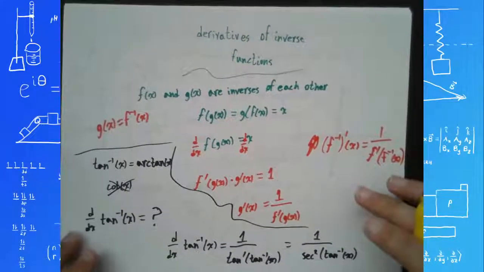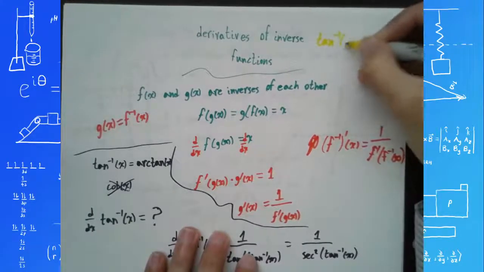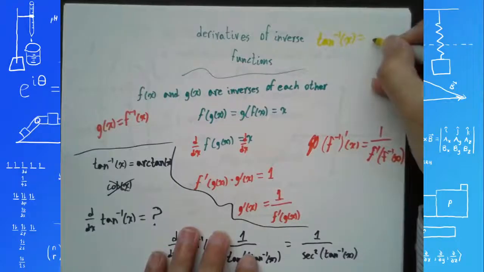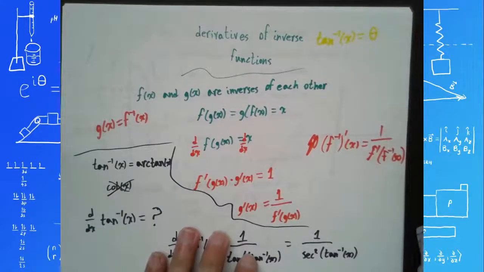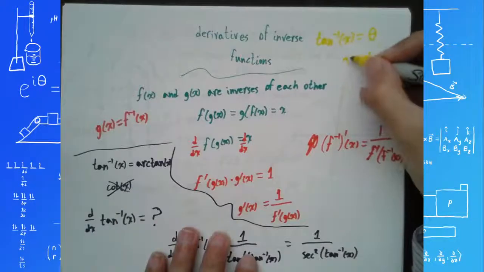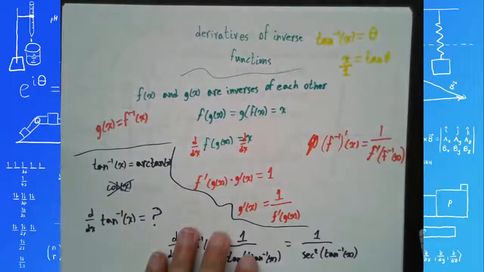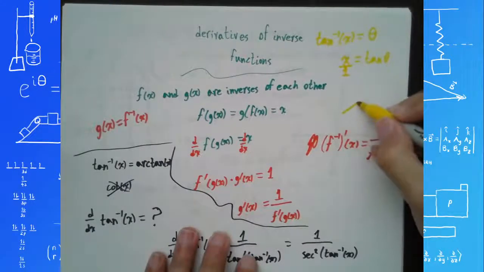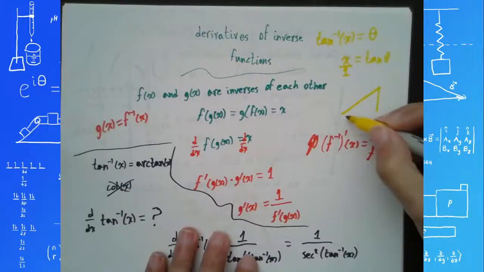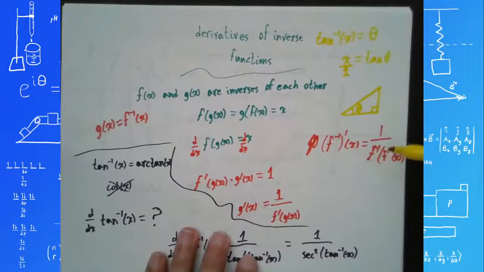Let tan inverse of x be some unknown angle theta such that tan of theta equals x, or better yet, x over 1. Let's draw a triangle that illustrates this. So here's a right triangle, here's the angle theta, and tan of theta is x over 1.